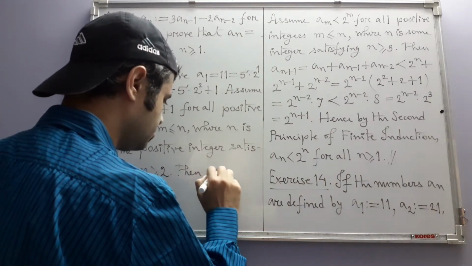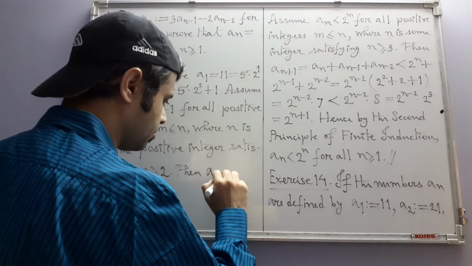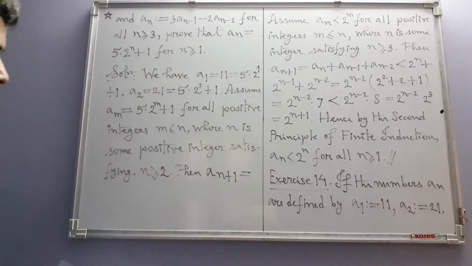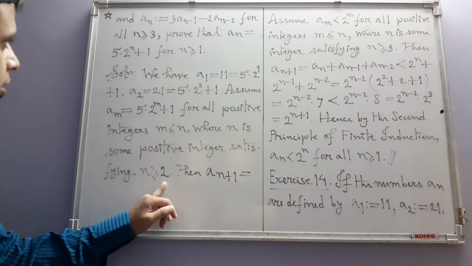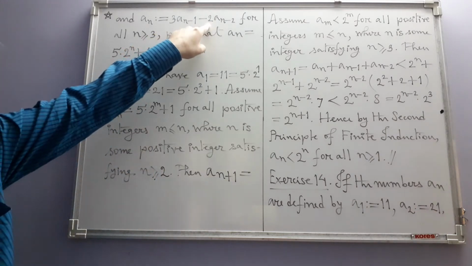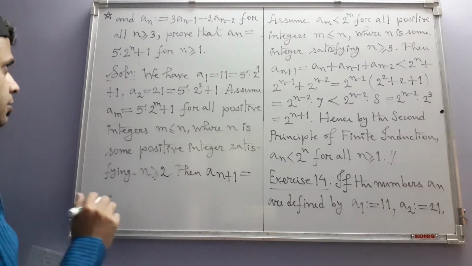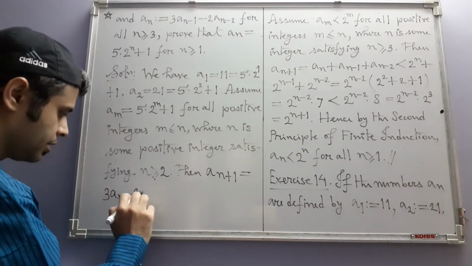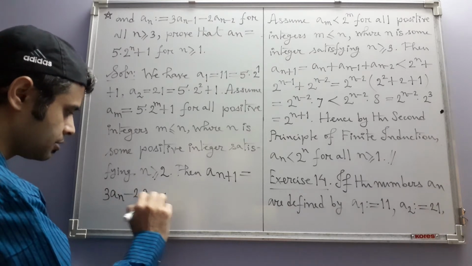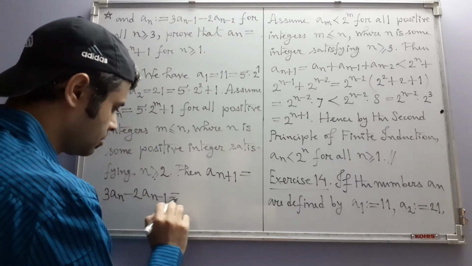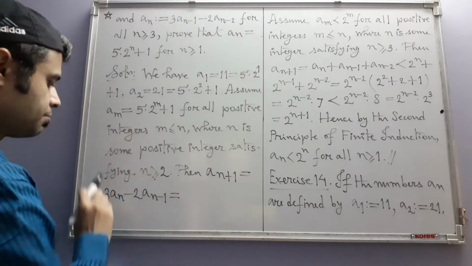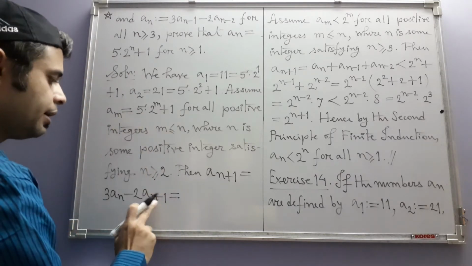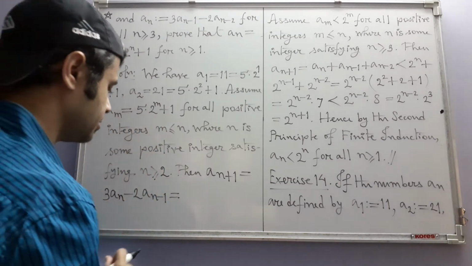Then an plus 1 is equal to, now note that since n plus 1 is greater than or equal to 3, we are able to use this formula, and the formula gives us 3an minus 2an minus 1. Now because of our induction hypothesis, an has an expression like this, an minus 1 also has an expression like this.